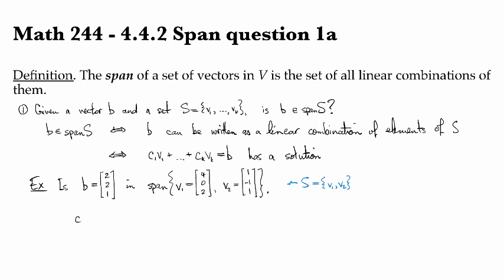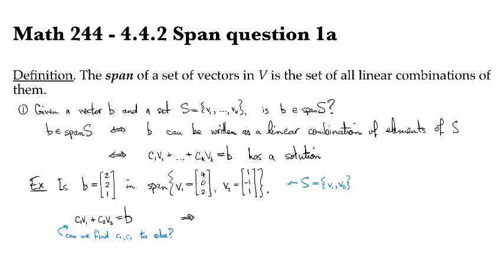So this equation, C1 V1 plus C2 V2 equals B, that's the thing we're trying to determine whether or not there's a solution to. So in other words, can we find a C1 and a C2 to solve this equation right here?